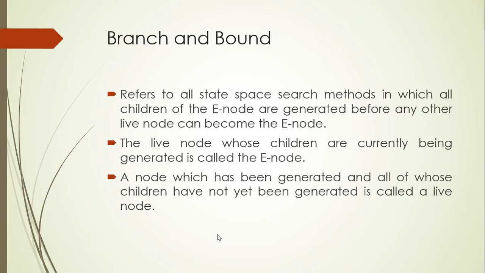So what is the E node here? The live node whose children are currently being generated is called the E node. Then what is the live node? A node which has been generated and all of whose children have not yet been generated is called a live node.